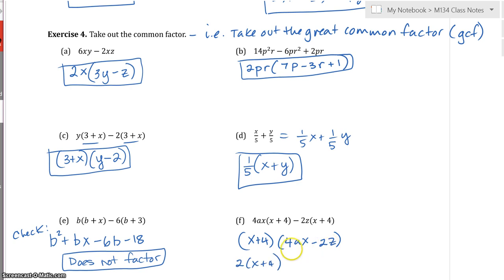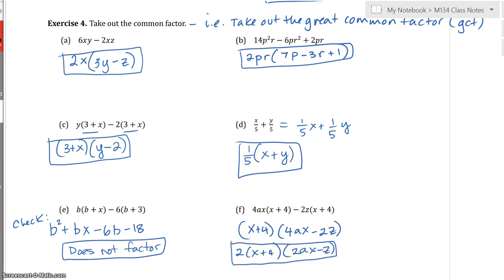So I could take an additional 2 out and get 2ax minus z. And I like to put my 2 here instead of there, the extra 2, but either way would be okay. Now, if you happen to notice that a 2 is common at the beginning as well, unlike what I did, a 2 is common and the x plus 4, you could have done this all in one swoop. Because then what would be left over is this.